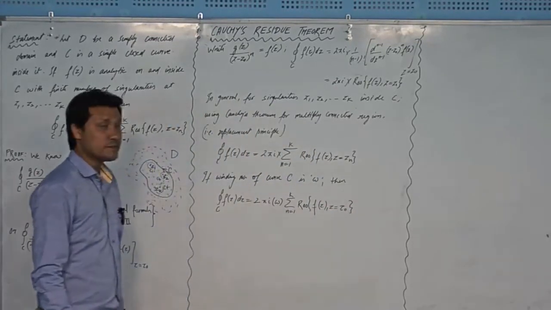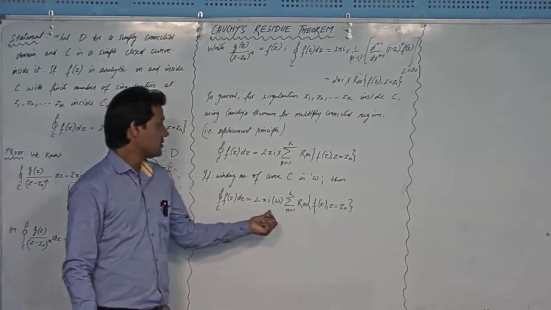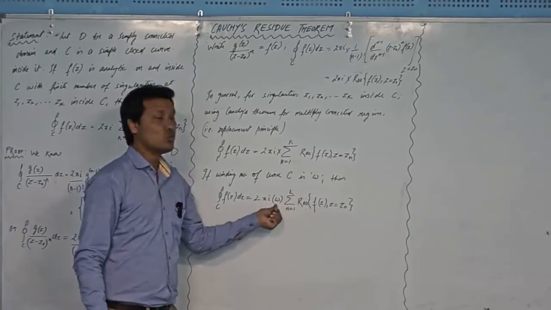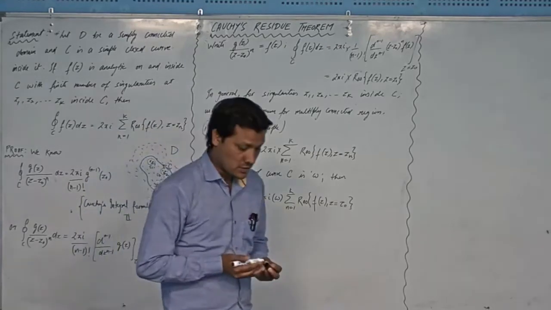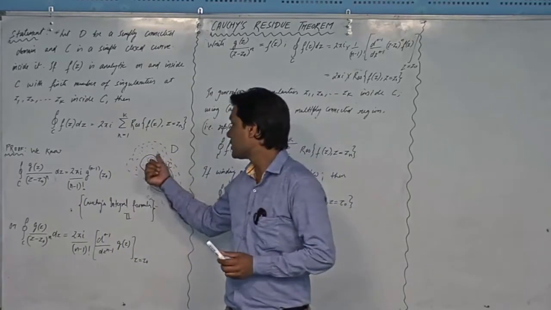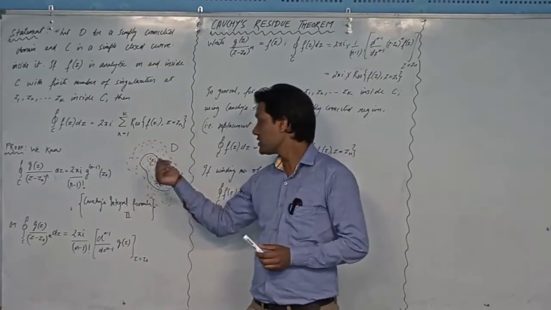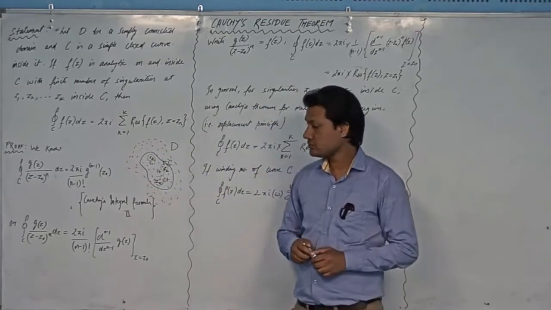This is the most general result, where we have multiplied the right-hand side by ω, the number of times the curve encloses the singularities.